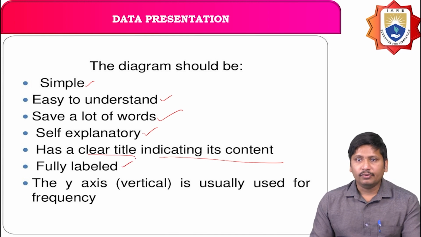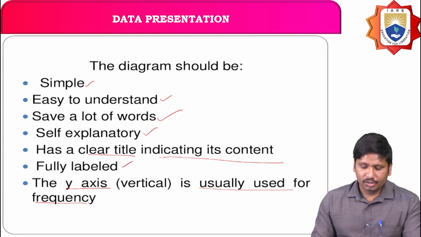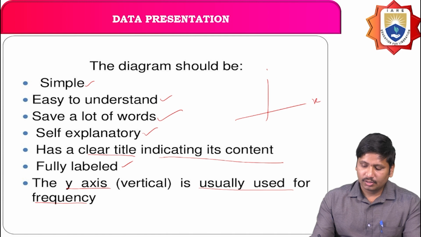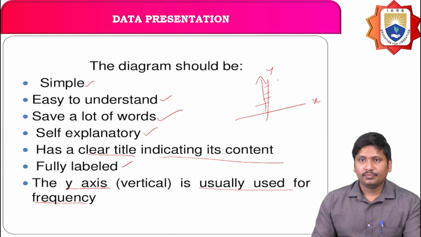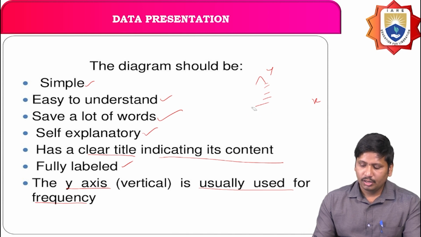The diagram should also be fully labeled, and the y-axis, which is vertical, is normally used for the frequency. In a graph we have an x-axis and a y-axis, and all the time the y-axis usually represents the frequency. We should not prefer the x-axis for frequencies; all the time the y-axis should be considered here.